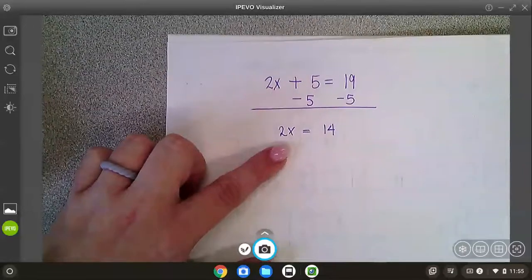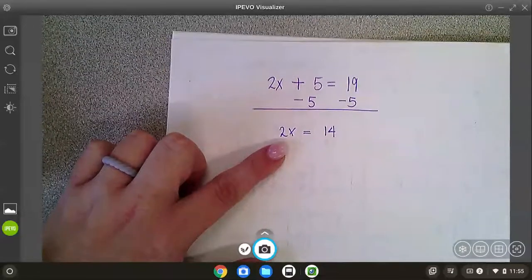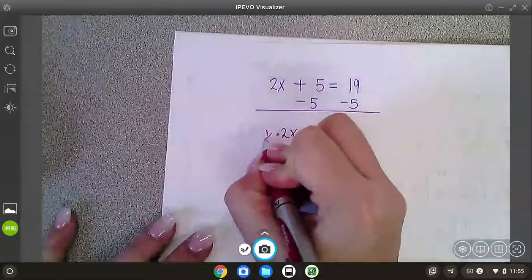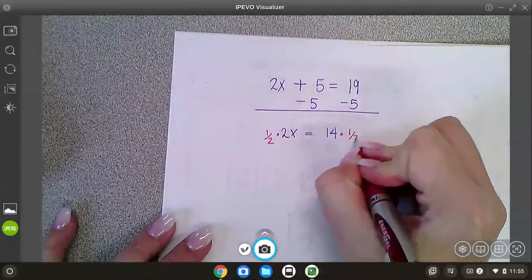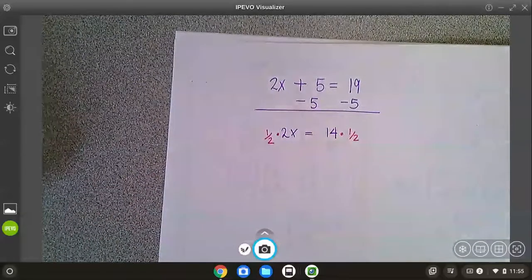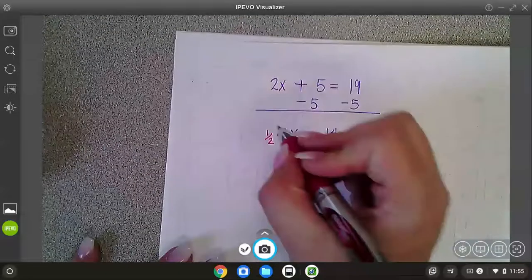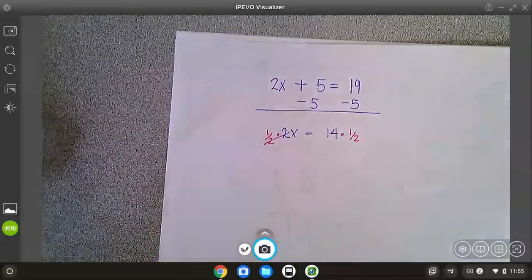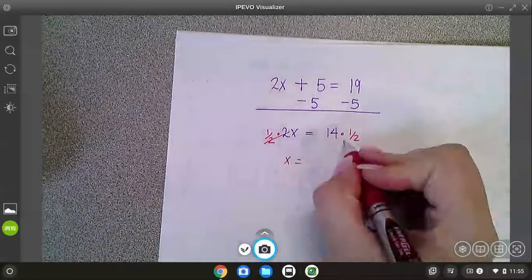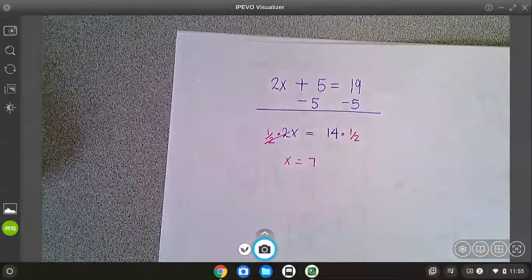Typically, you would divide by 2. That's the same thing as saying times 1/2. So when you do 1/2 times 2, that turns into 1x. That's why it cancels. So x equals 14 times 1/2, which is 7.